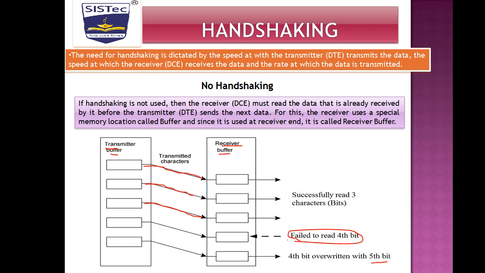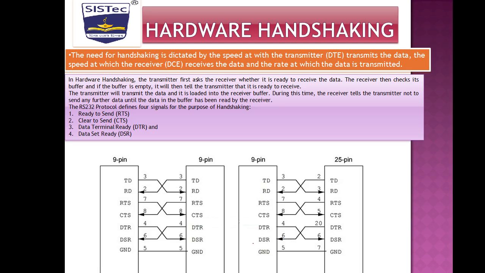When handshaking is used, these problems are sorted out. These types of problems are overcome by hardware handshaking and software handshaking. Hardware handshaking basically defines 4 signals for the purpose of handshaking.